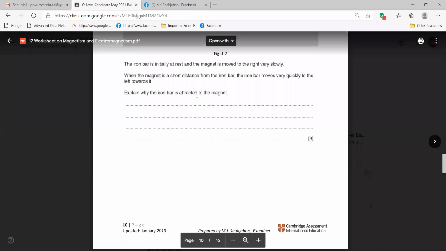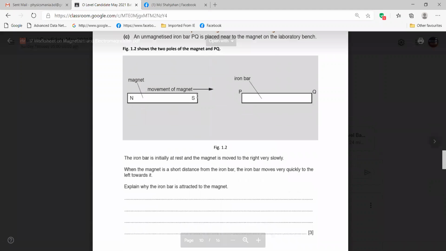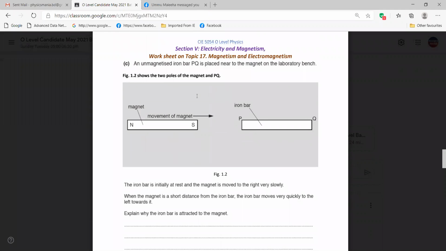Question 1 C: why is the iron bar attracted to the magnet? Yes, because when it comes into the magnetic field lines, the iron bar becomes magnetized, and its magnetic field behaves like a strong magnet.